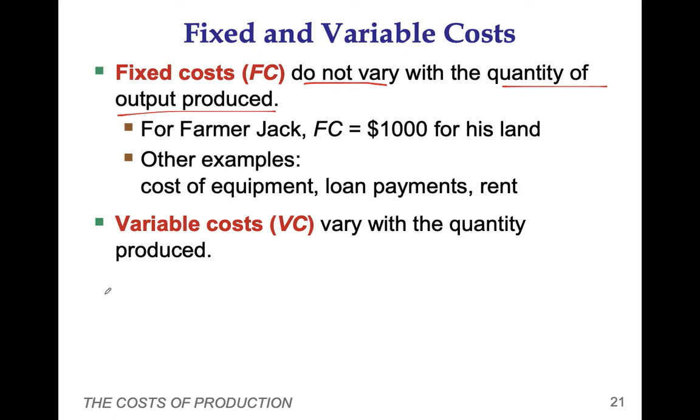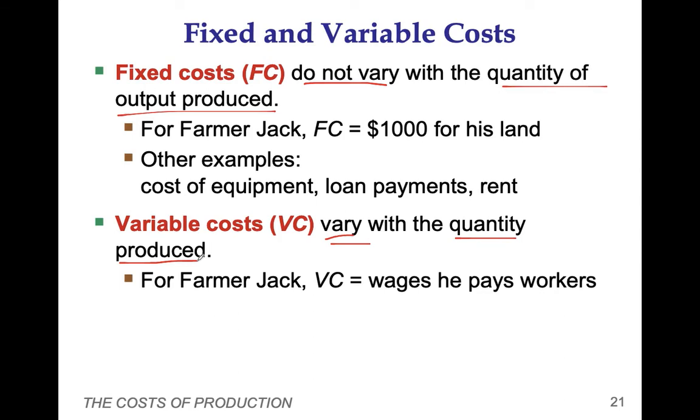The variable costs instead are the costs that vary with the level of production. We have seen in the example of Farmer Jack that the variable cost is the wages he pays to the workers. As the number of workers increases, because Farmer Jack wants to produce more bushels of wheat, he would pay more wages to workers.